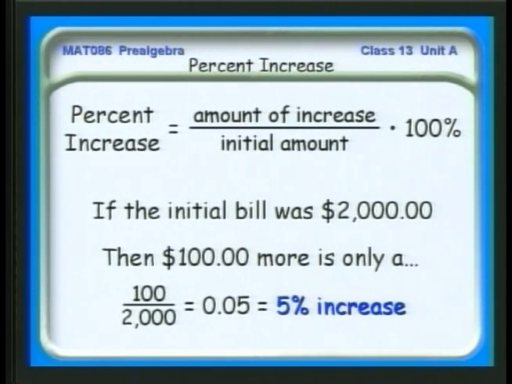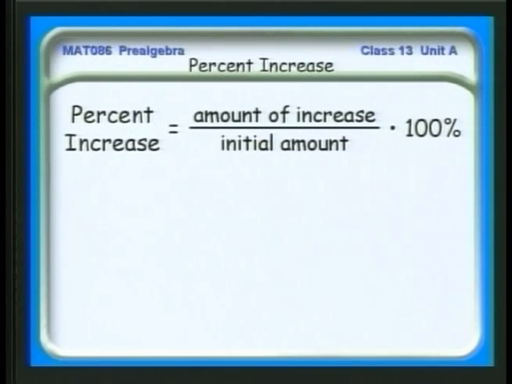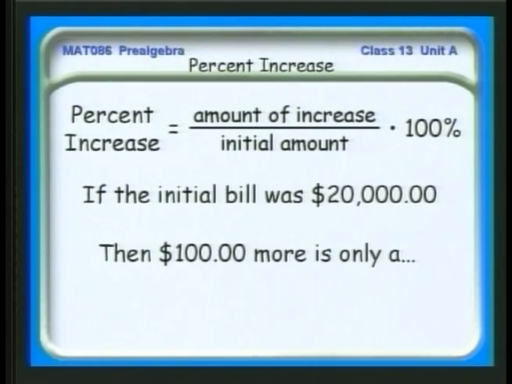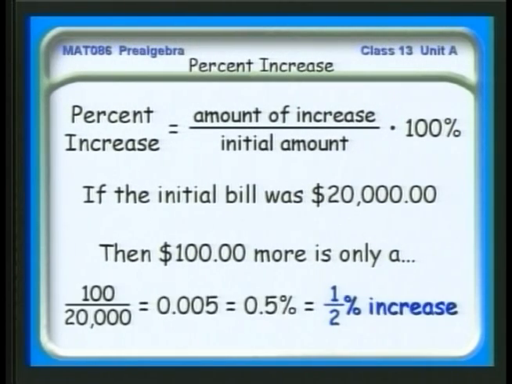It's only 5% of that $2,000. Now, suppose I bought a new car, and then all of a sudden found out I had to pay $100 more on that. I'd hardly think about it, because if I did the calculation, I would only have a 0.5% increase.